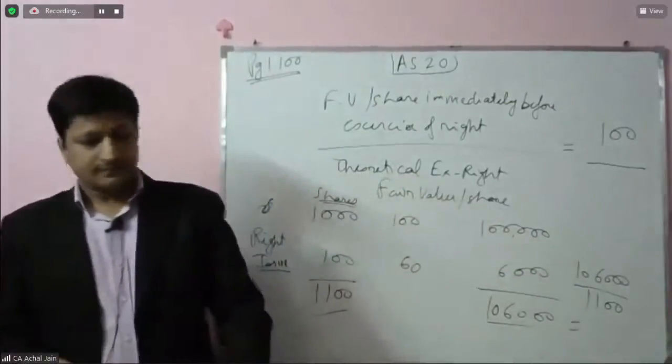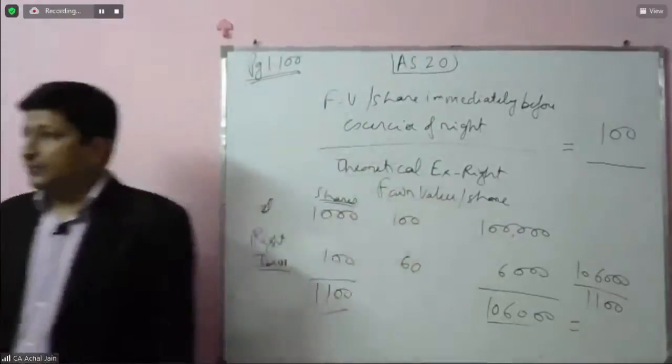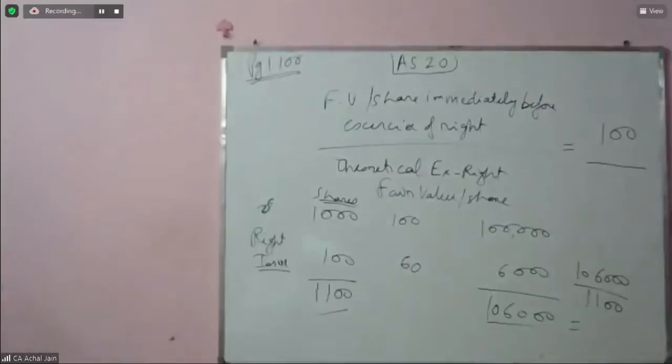Quickly. What will be the amount? 1,06,000 divided by 1,100. Yes, over to you. It's 96.36.